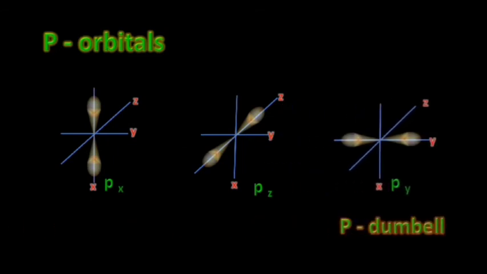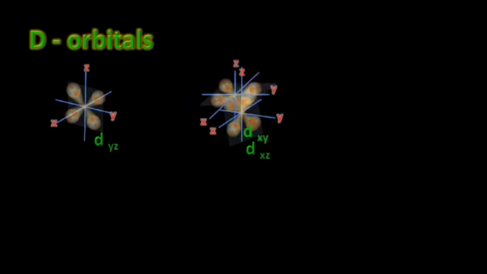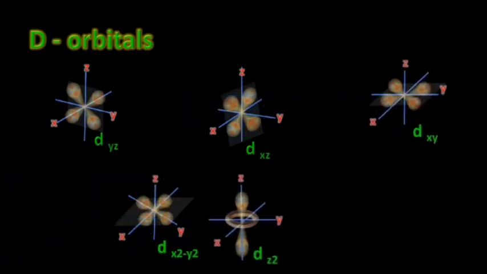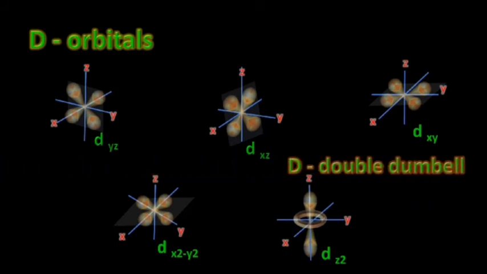And whereas the d orbital takes 5 types of orientations, that is dxy, dyz, dzx, dx square minus y square, and dz square, and it is of double dumbbell shape. And while getting into the f orbital, it takes complex shapes ranging over 7 orientations.